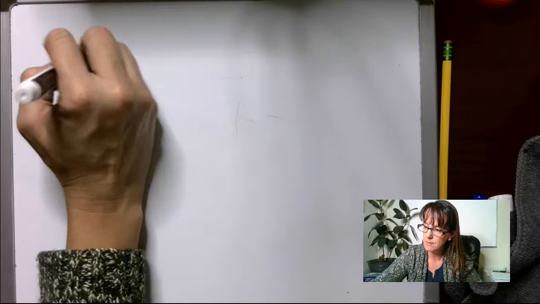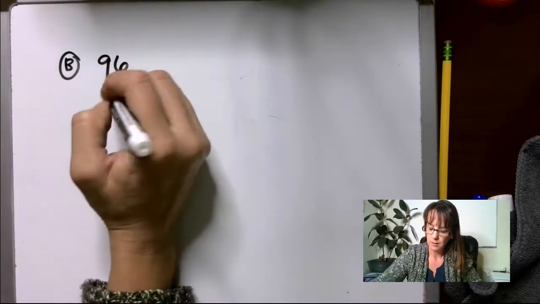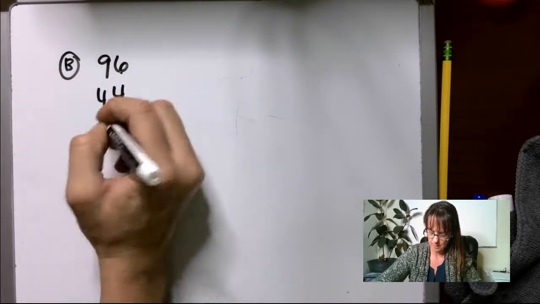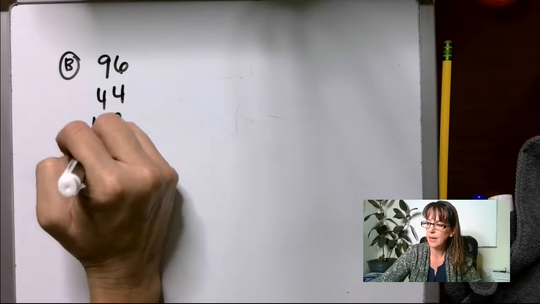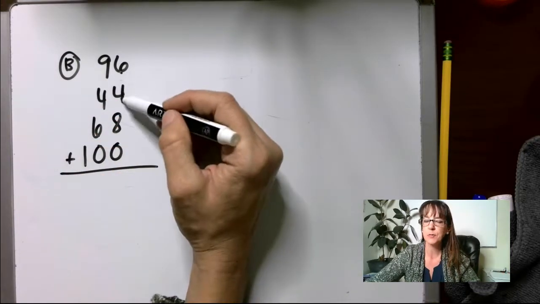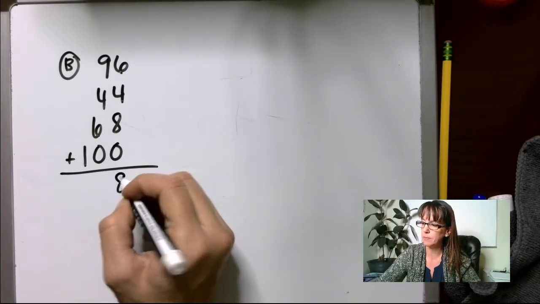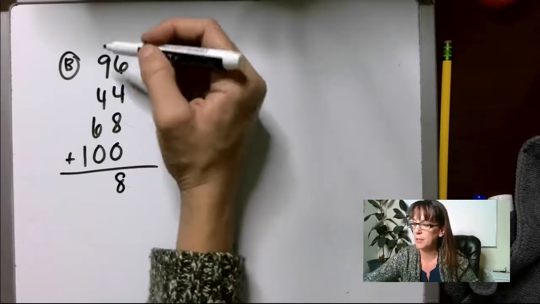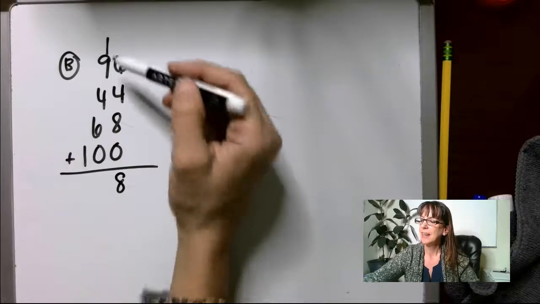For B, what is the average of 96, 44, 68, and 100? All right, 6 plus 4 is 10, plus 8 is 18.